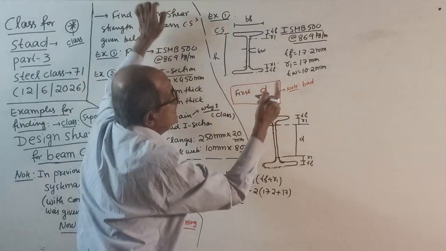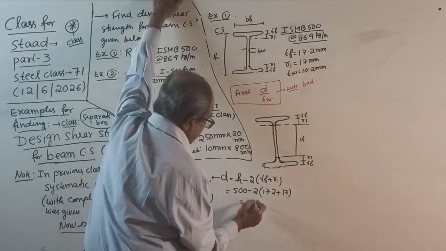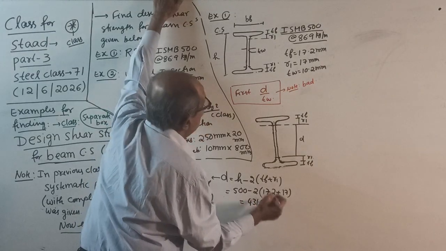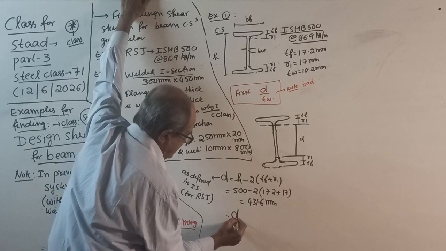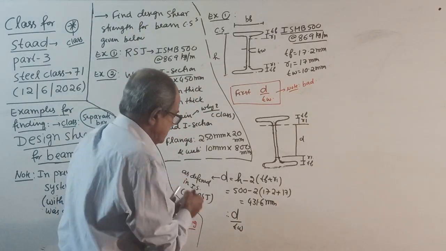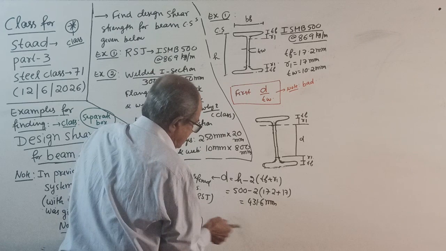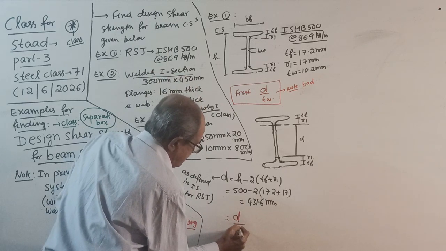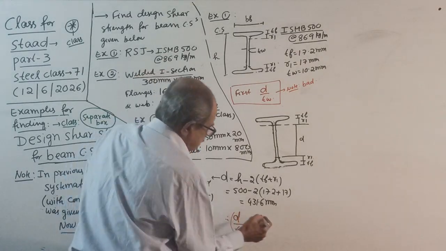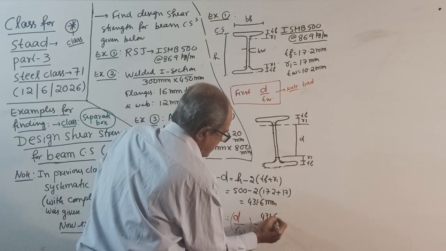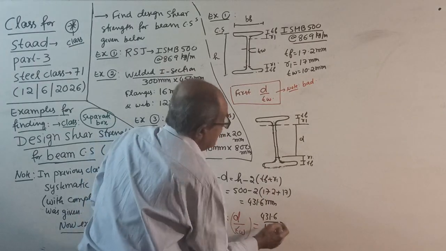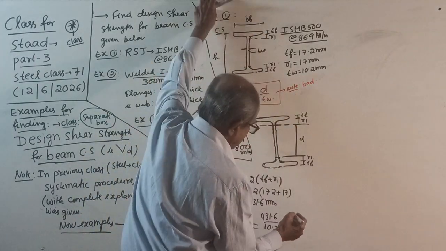The answer is 431.6 millimeter. Now calculate D by TW; it is a bad number, so I will use red color. D by TW ratio equals 431.6 divided by TW, which is 10.2. The number will come 42.31.